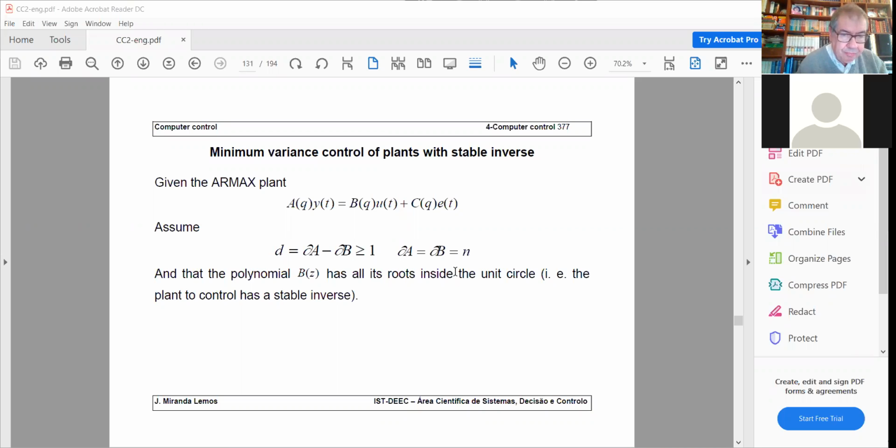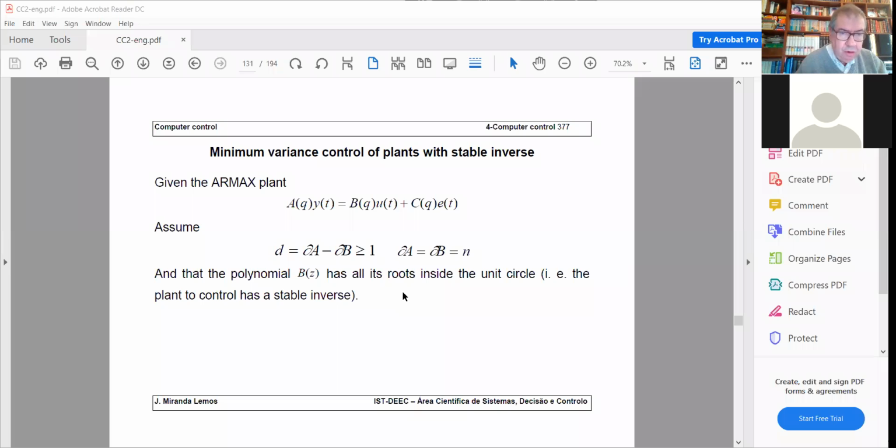And furthermore, at this point, for this type of method, we assume that the polynomial B has all its roots inside the unit circle. That is to say, all the zeros are minimum phase, or are inside the unit circle. This means that the system has a stable inverse.